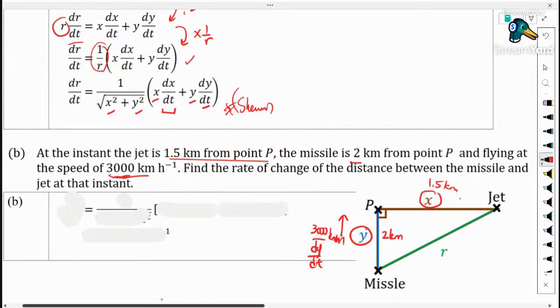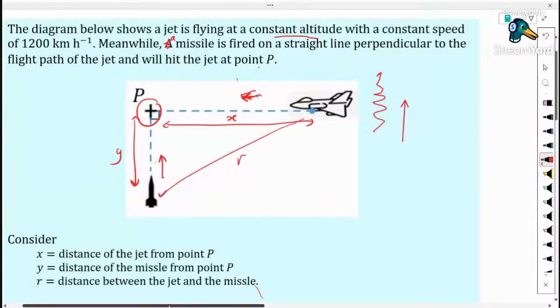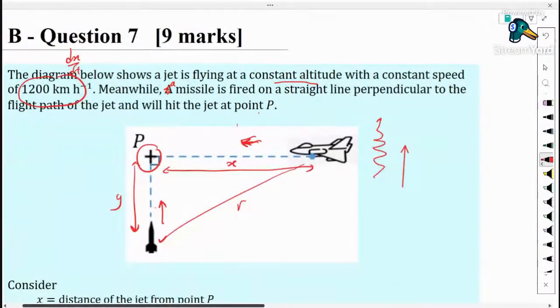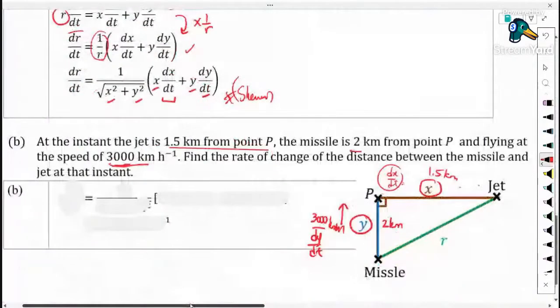What is dx/dt? It is the rate of change of the distance between the jet and point P, which is actually the speed of the plane. Now you have all the information to plug into the equation from part A to get the answer easily.